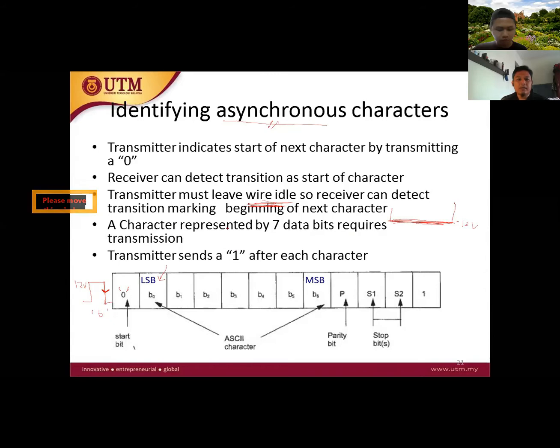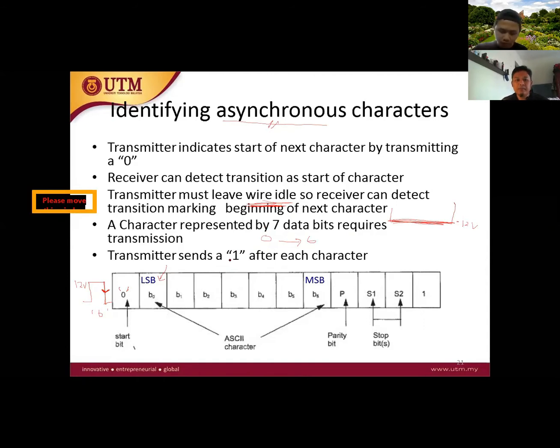So a character can be represented by 7-bit data. 7-bit data means you are sending bit 0 to bit 6, and it can be up to 8.